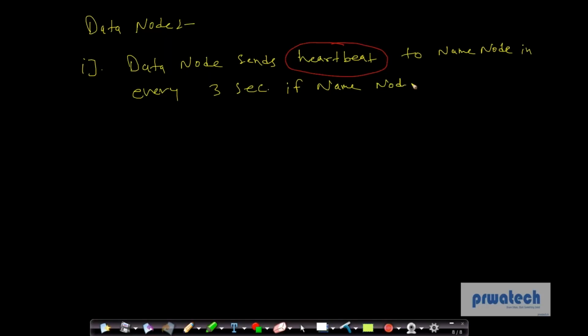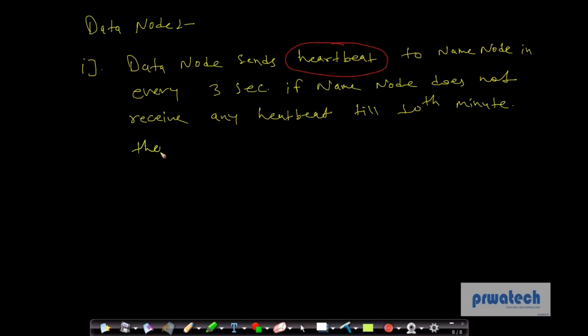This 3 second interval is fixed. If name node does not receive any message or any heartbeat till the 10th minute, then name node considers that data node as a dead node.